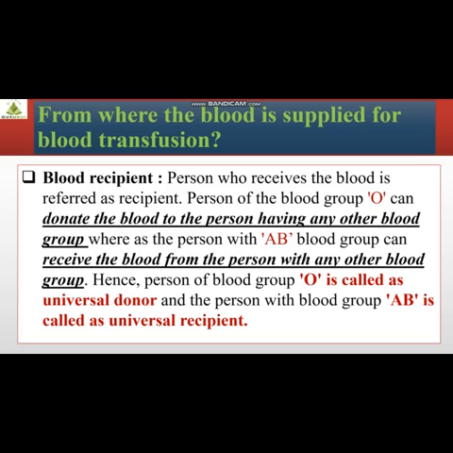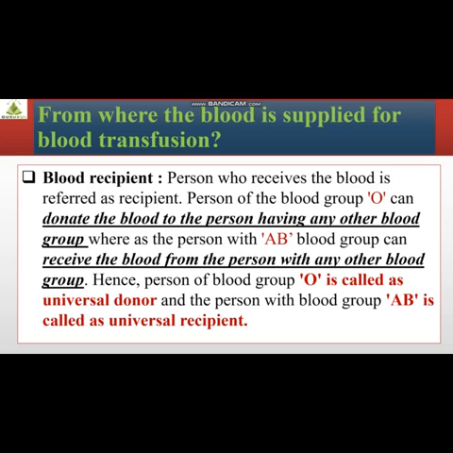Very important point now. A person of blood group O can donate blood to a person having any other blood group. That means a person with blood group O can donate blood to a person having A, B or AB blood group. It can donate to any of the blood groups.